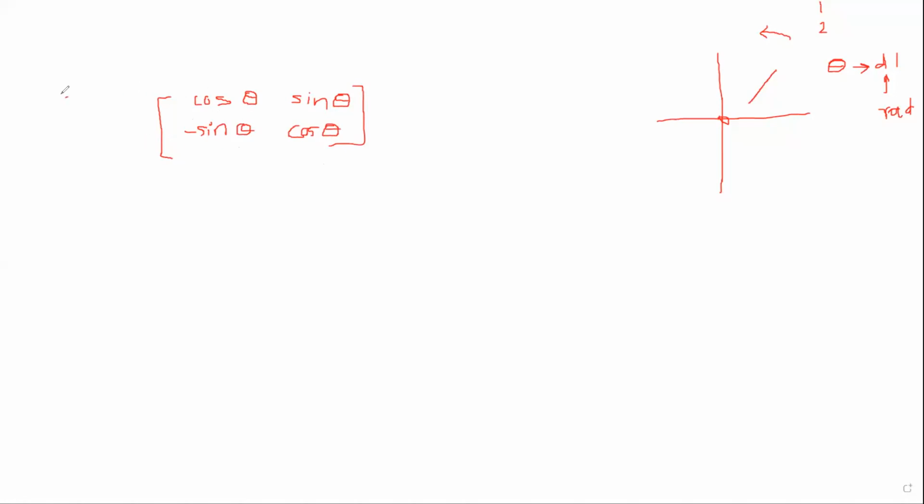And when we multiply the line coordinates with this T matrix, suppose this line has coordinates x1, y1 to x2, y2. So these are the coordinates x1, y1, and for this point, the coordinates are x2, y2. So I will be using here x1, y1 and x2, y2. And when I perform the multiplication between them, I will get the result as x1 cos theta minus y1 sin theta.